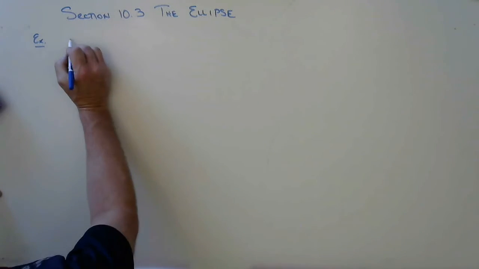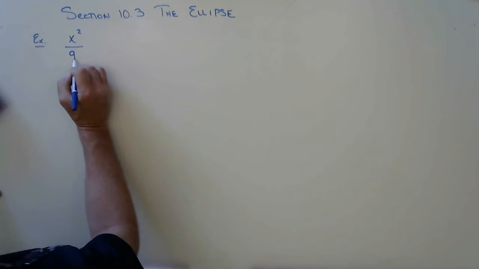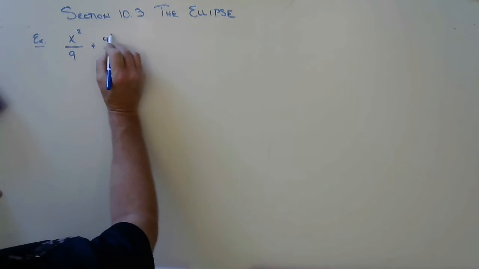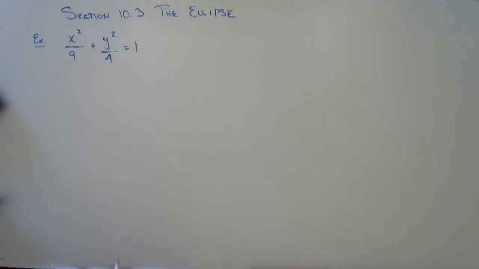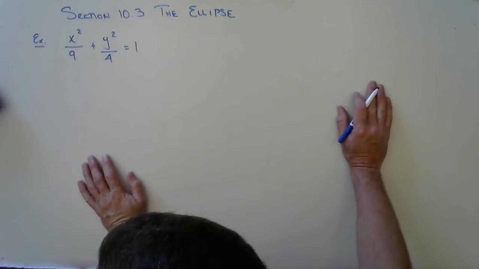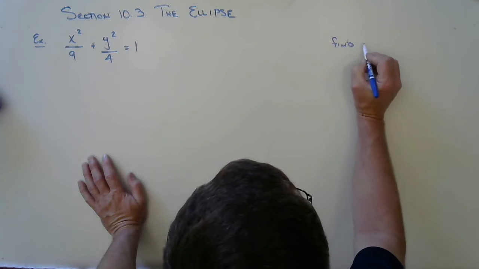We'll take something like x squared divided by 9 plus y squared divided by 4 equals 1. This is our first example. What are they going to ask us to do? All kinds of things. We'll write over here what they're going to ask.